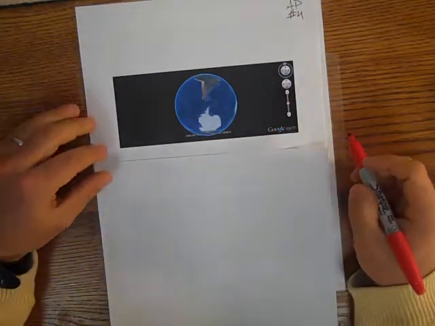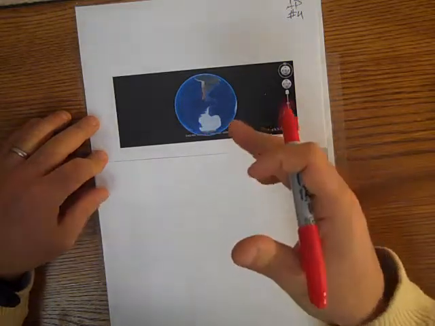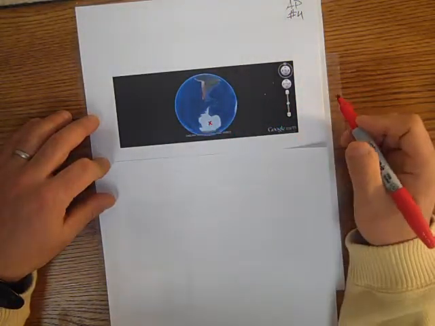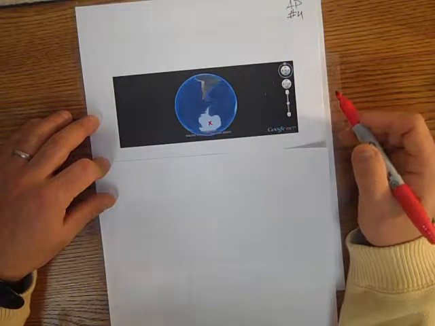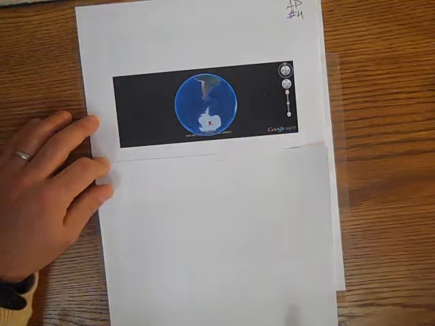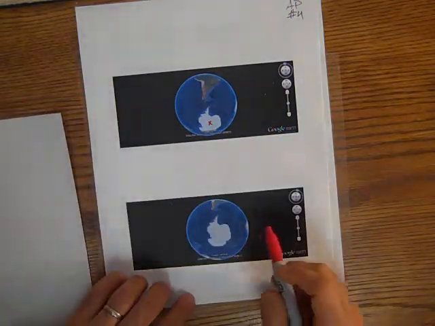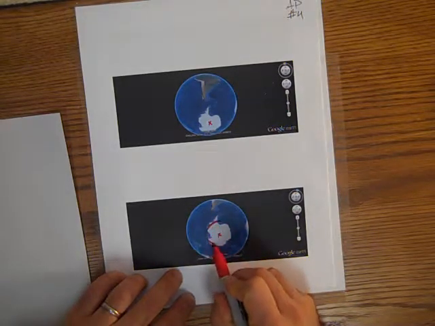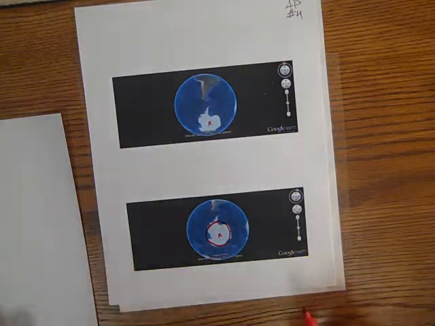As we look at the globe and imagine rotating it so that we're right above the South Pole, which is right about there, our orbit is circular and kind of looks like this.